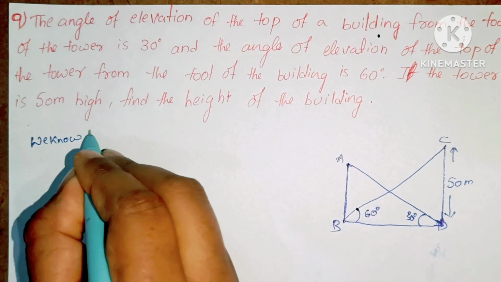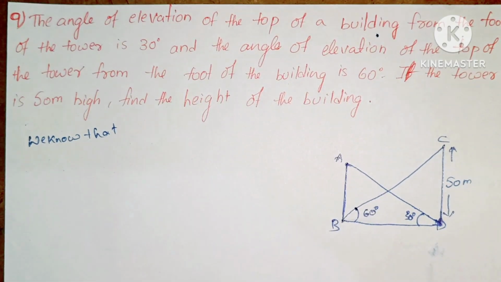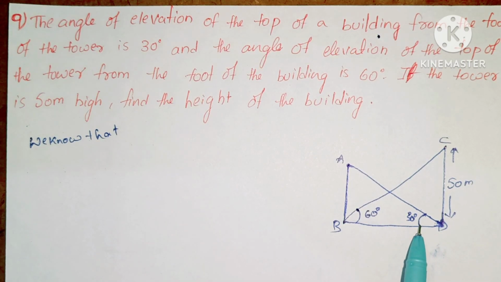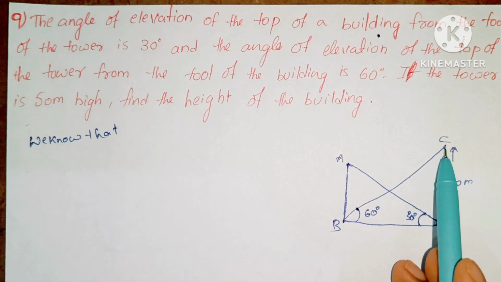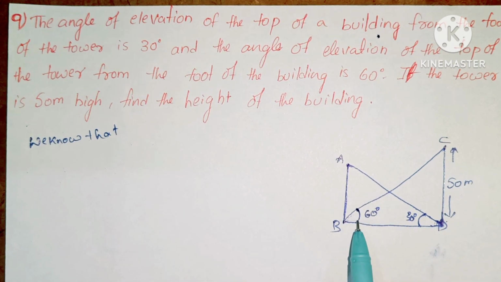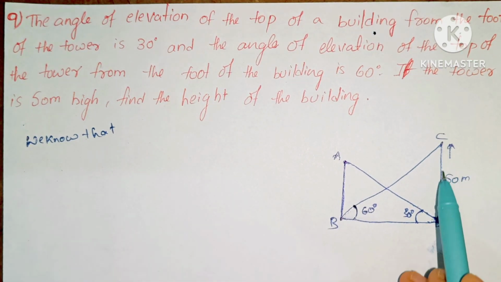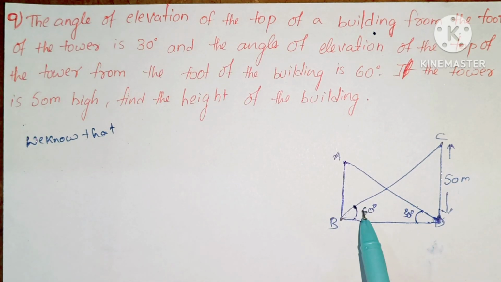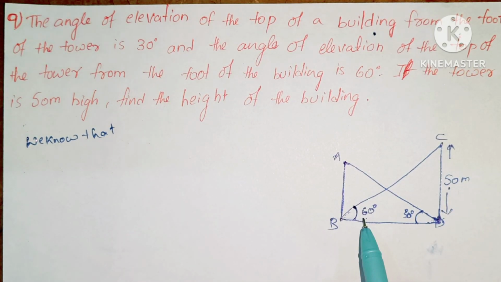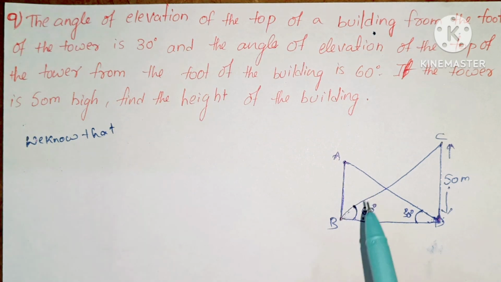We know that, see, in this triangle you only know the angle of elevation, but in this triangle you know the angle of elevation and also the height of the tower. That means here you have two data, right? When you have two pieces of information, you can easily find another value.